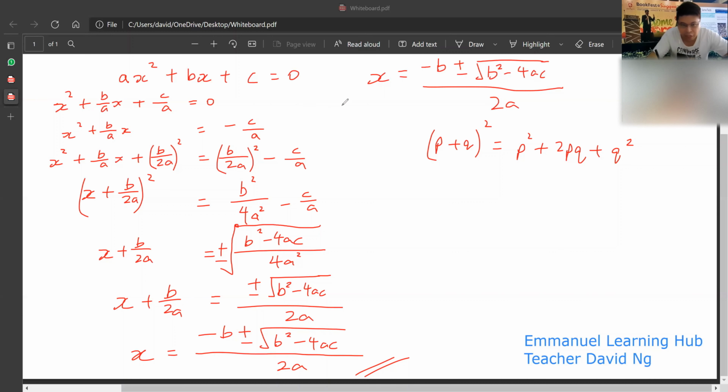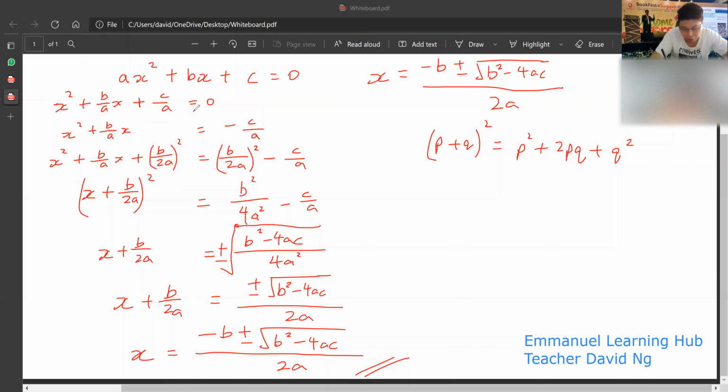What I did last time is I understand how to derive this, and I still memorize this formula, by the way. Then let's say I can't really remember how to write out this formula, I'll derive.